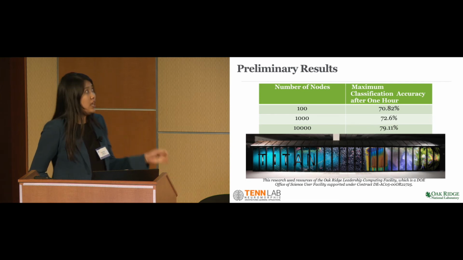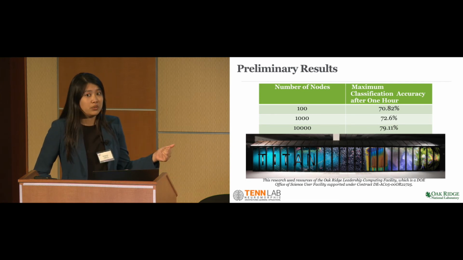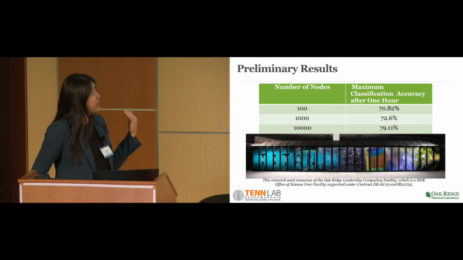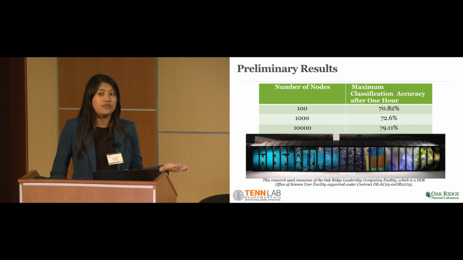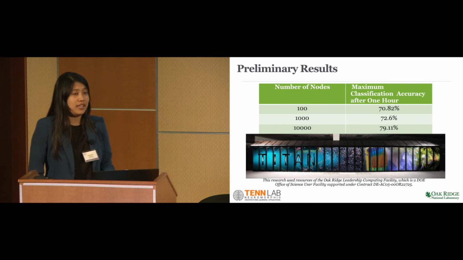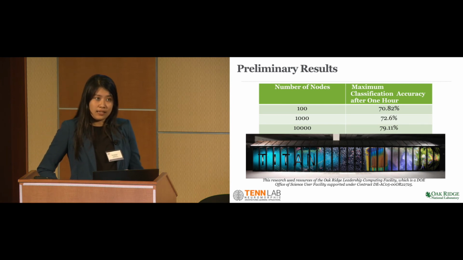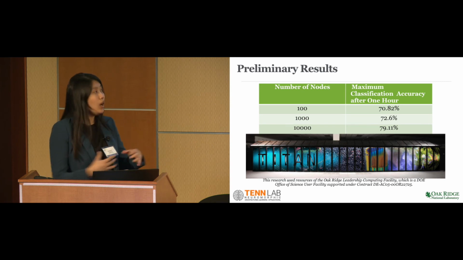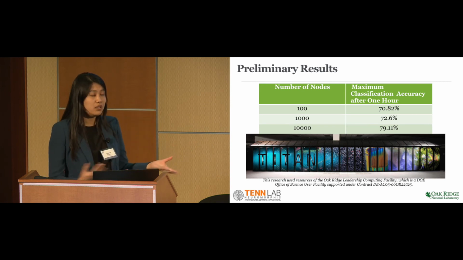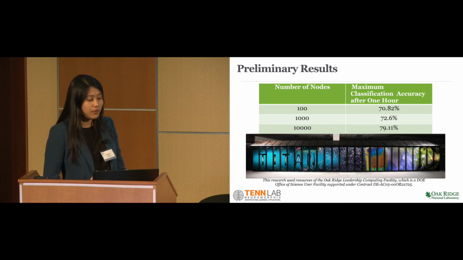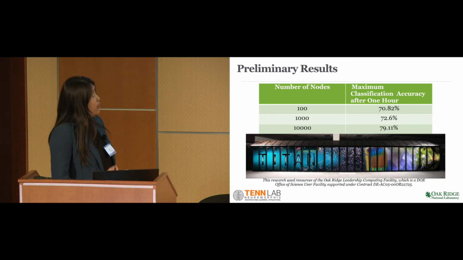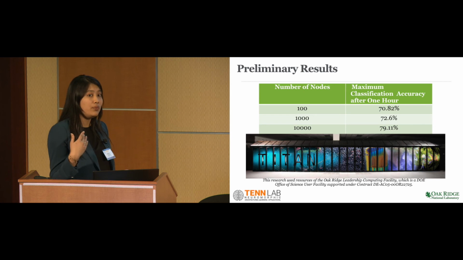If we use just 100 computer nodes for an hour, we can reach up to 70%, which is much lower than the 80% we got. But EONS is really scalable and parallelizable. So if you use 10,000 computer nodes, or the Titan supercomputer at Oak Ridge Lab, we can reach up to 79%, which is really close to the one we got initially, just within an hour.